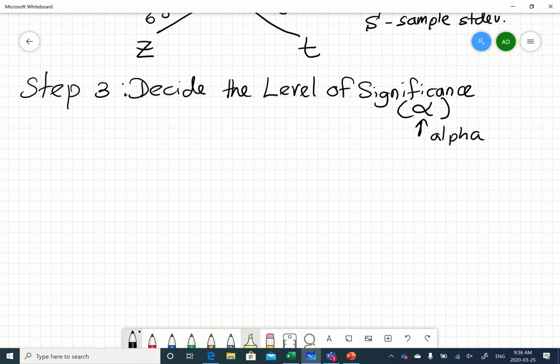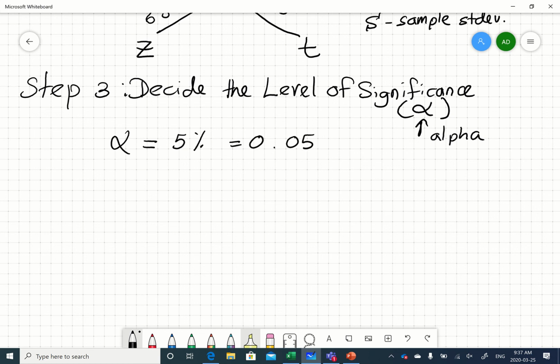When we had a 95% confidence level, we were willing to tolerate 5% error, right? Same thing goes here. So you need to decide what level of error you want to tolerate. If you choose alpha to be 5%, that means 0.05.